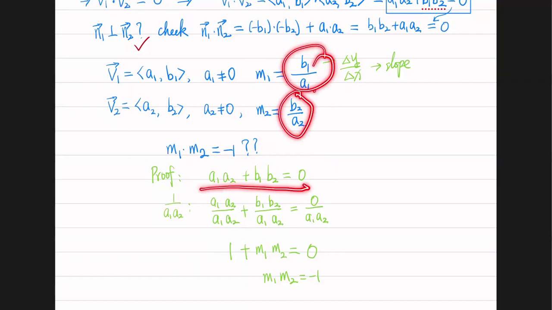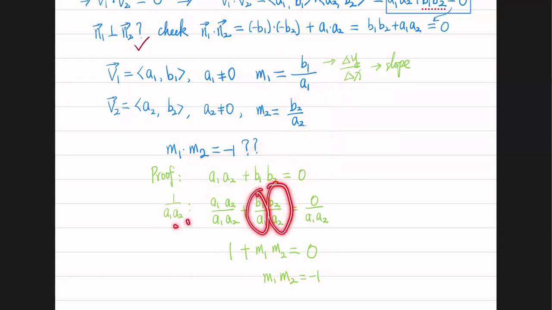To get the slopes from this formula, we will divide everything by A1 and B1. So A1, A2 plus B1, B2 equals 0, divided by A1, A2. Okay, I see.